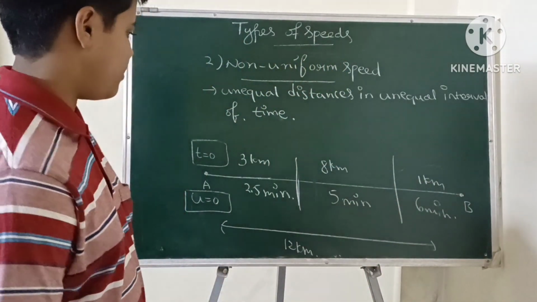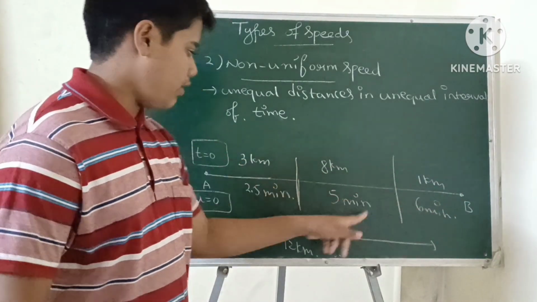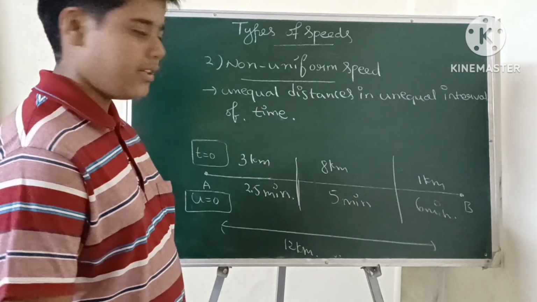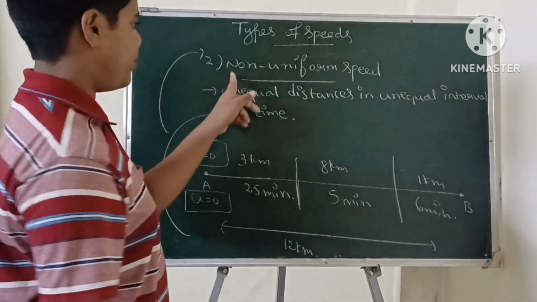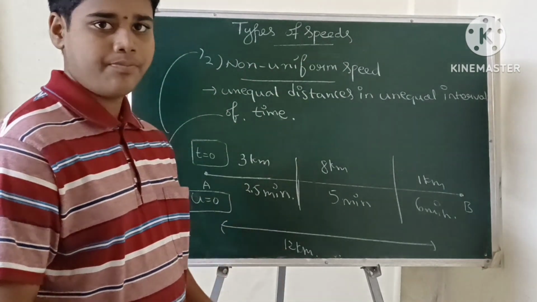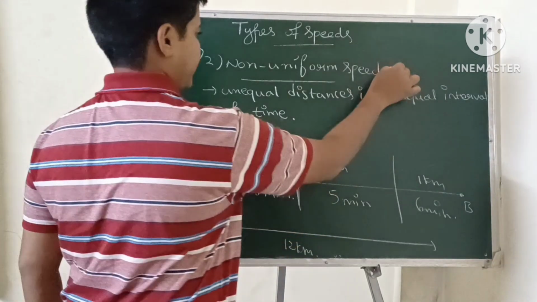Okay. So see here, unequal distances in unequal interval of time. So this is a case of non-uniform speed.